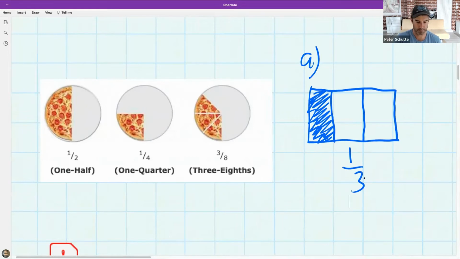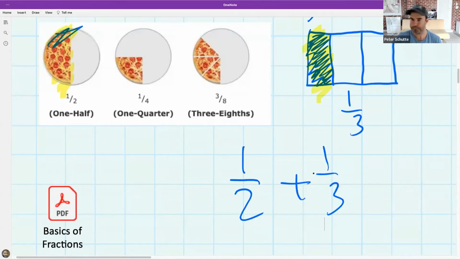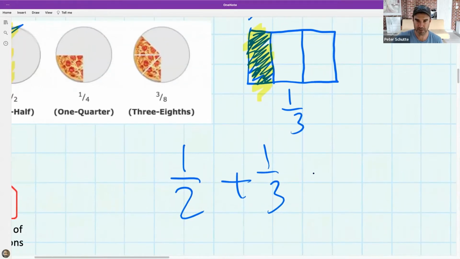So here comes the problem in mathematics. What happens if we want to add something like a half over here to my thing over here? Then I have the question: a half plus a third.